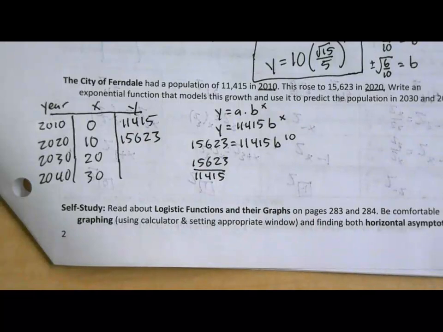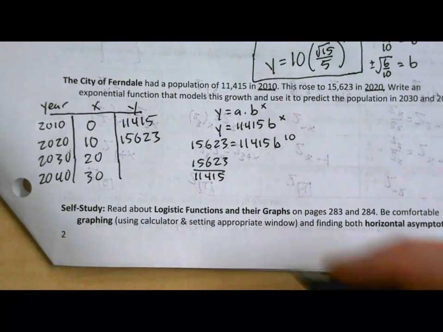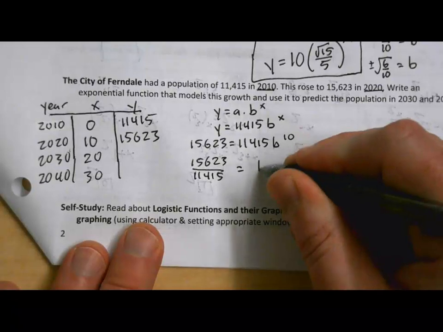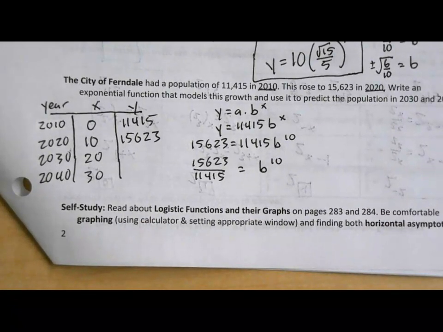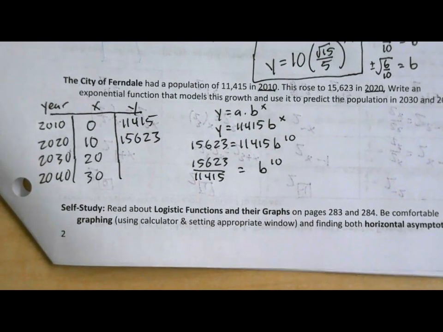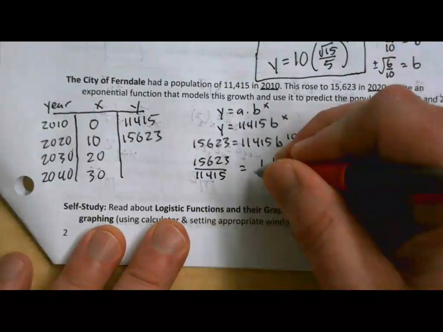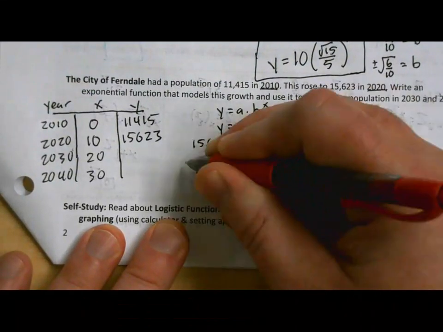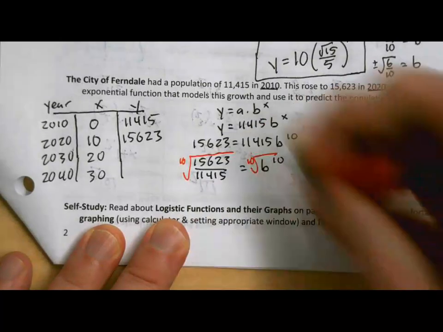We have faith our calculator is going to deal with this in a second. And that's equal to b to the 10th. And then one more step of algebra will get b by itself. What are we going to do to get rid of that 10th power? We'll do a 10th root. And now b is by itself.